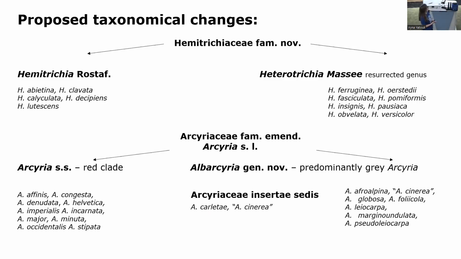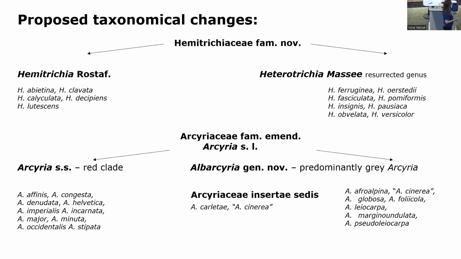And Arcyriacea, in the changed sense, we propose to divide into the Arcyria sensu stricto, which would include the red Arcyrias. And the situation is a little bit more difficult with the gray Arcyrias, because this clade is not really a uniform one. It contains 2 subclades of gray Arcyrias, and we don't really know the relationships between the 2 subclades.